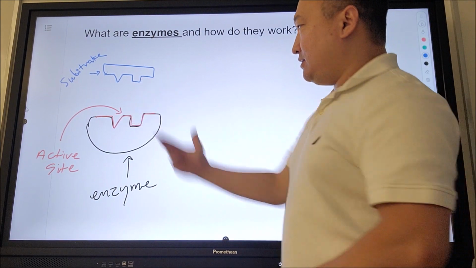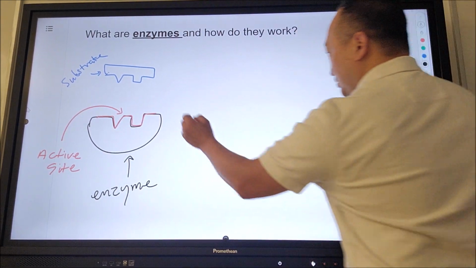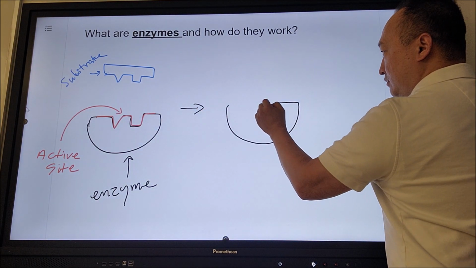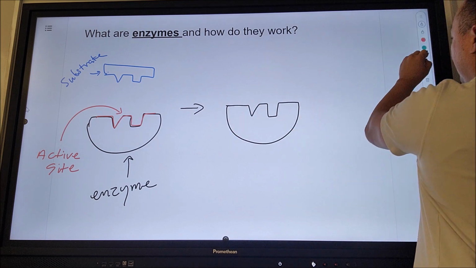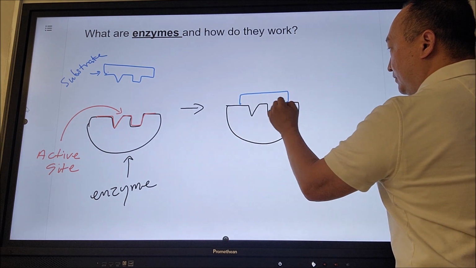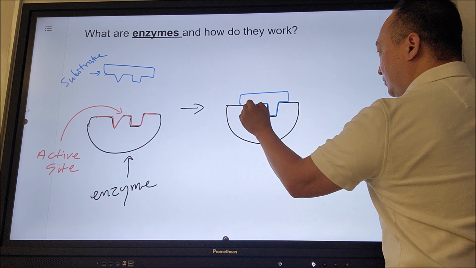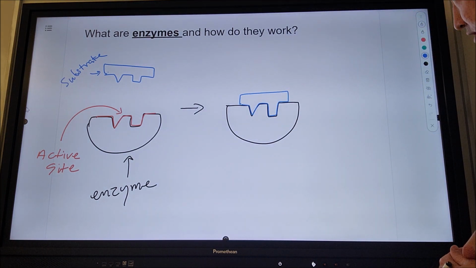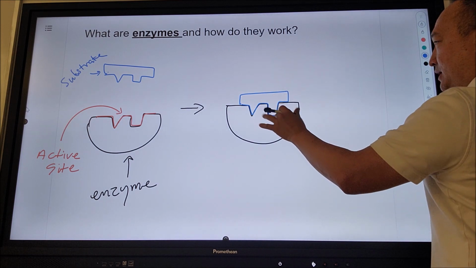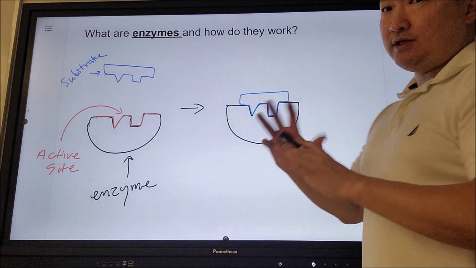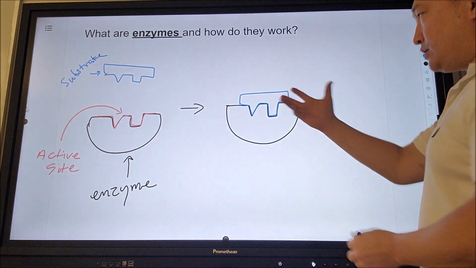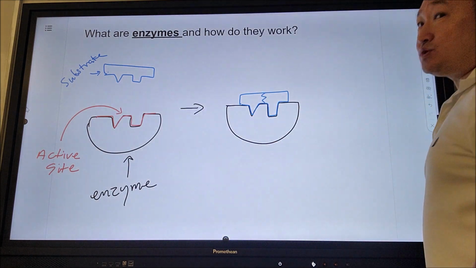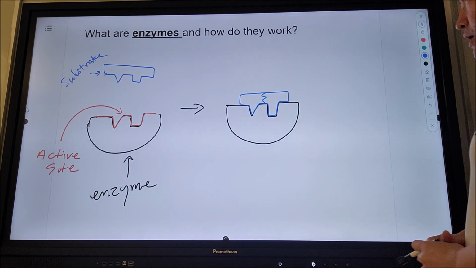So notice that in this case it can, and what's going to happen here is the substrate will bind and form this enzyme-substrate complex. And then once it binds, the enzyme will change shapes, will undergo some changes, and that'll allow the substrate to undergo its changes as well.